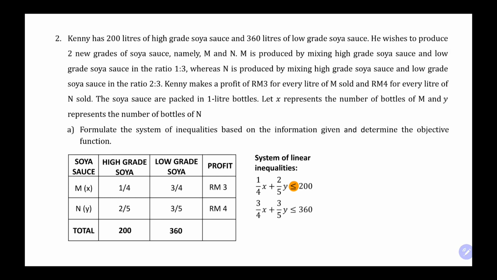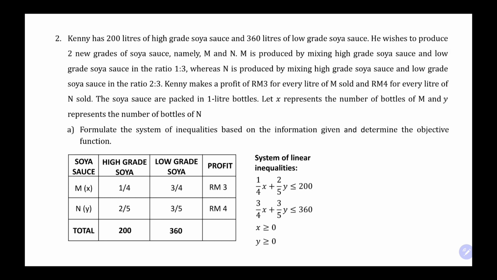Next equation, 3 over 4 x plus 3 over 5 y less than or equals to 360. Hence, we put less than or equal. Since our x and y refer to bottles, x and y cannot be negative. So we put x and y greater than or equals to 0.